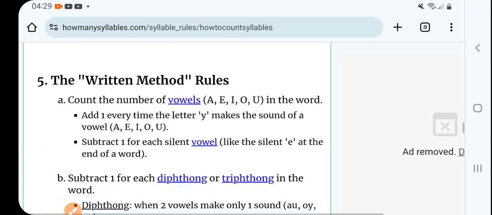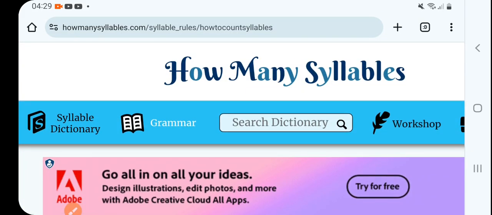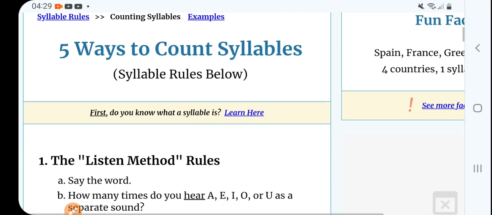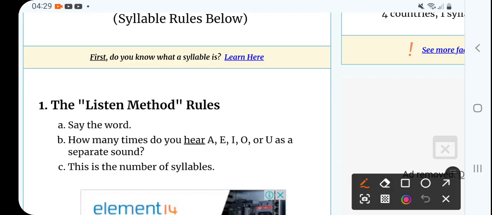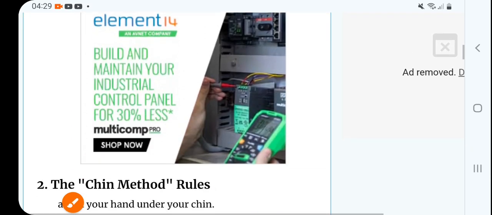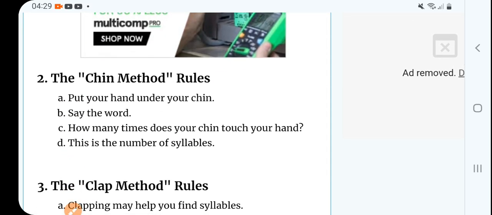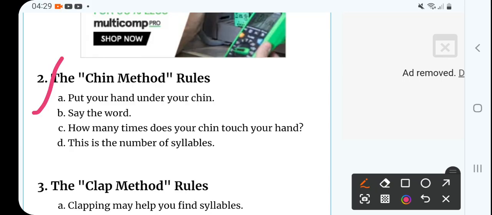So this is a small video but very useful. Let us revise 5 ways to count syllables. Number 1, listen method: listen, and then count where the vowels are coming. Number 2, the chin method, very useful: put your hand below the chin and count how many times the chin touches your hand.